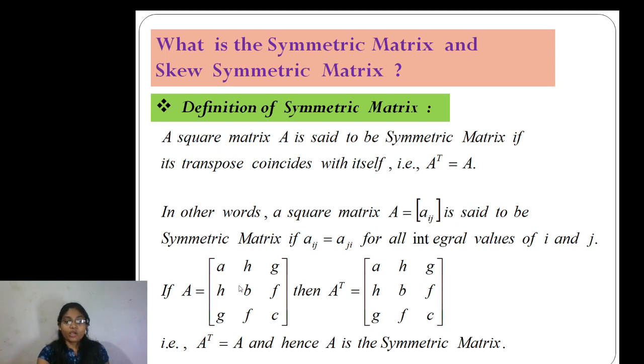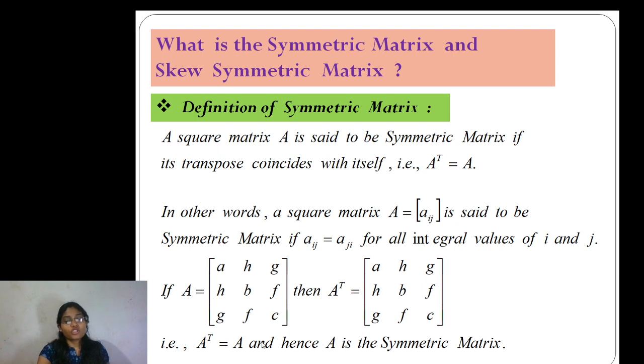So A12 equals A21, that means H is at the A12 position and also at the 21 position. This is a symmetric matrix because A12 equals A21, A13 equals A31, A23 equals A32, and the main diagonal elements are different.